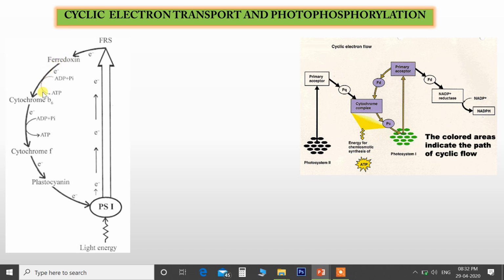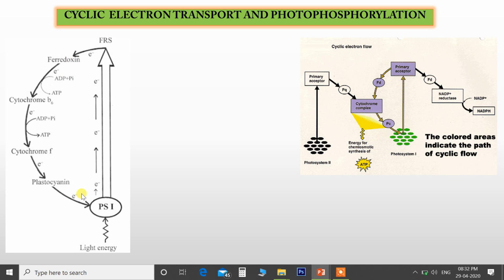This extra energy of the electron is released at two particular positions, in between ferredoxin and cytochrome B6 and in between cytochrome B6 and cytochrome F. At these two points, this excess energy is released and utilizing this excess energy, ATP is synthesized. So ATP synthesis takes place at two places in cyclic electron transport. So this is all about cyclic electron transport.